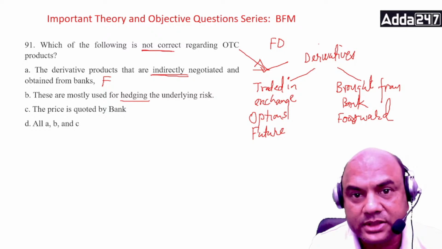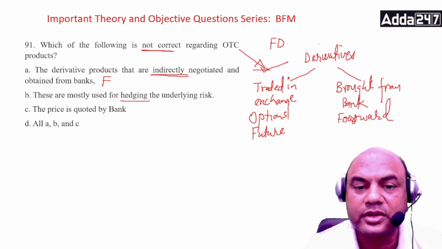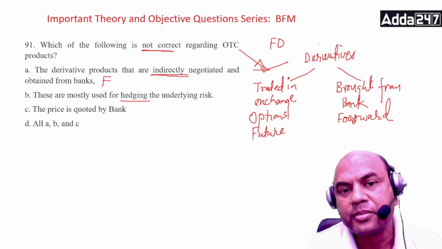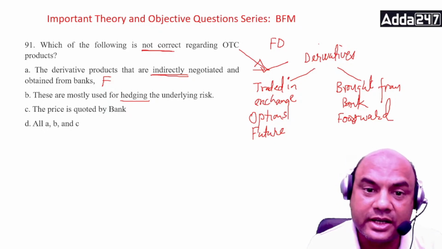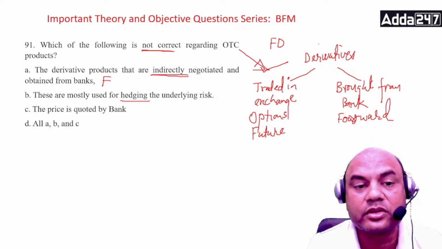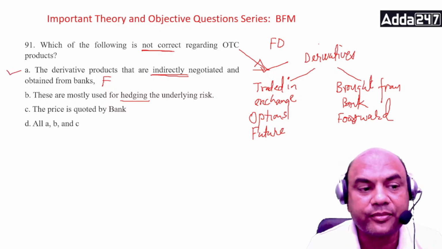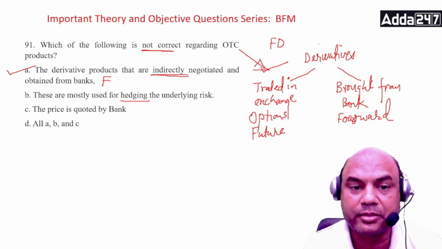Even if it is based on the exchange, you'll say, how come sir, how come OTC quoted by the bank? Because the base rate is given in the exchange, but the bank will add its margin to it. So the answer over here, not correct, is A. Remember this.